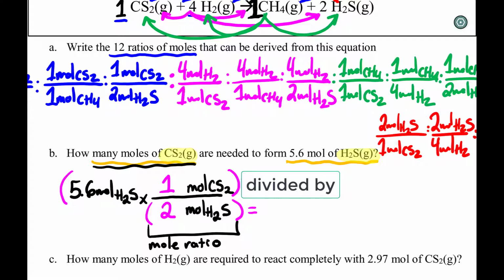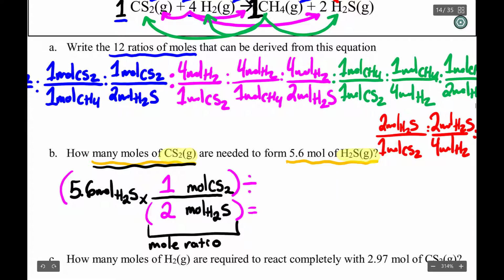So please, we're going to get into a habit of putting the numerator in one set of brackets, hit divide, my apologies, everything on the denominator, and hit equals. And this would simply be 0.28 moles of CS2, because the unit of moles of H2S is going to cancel out.